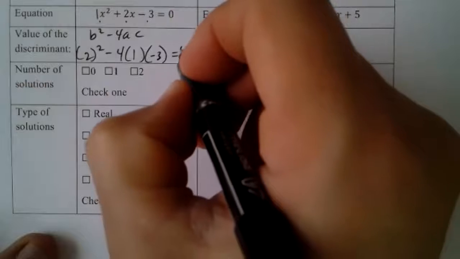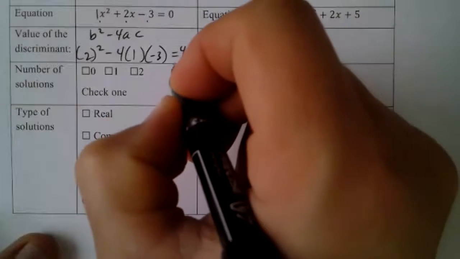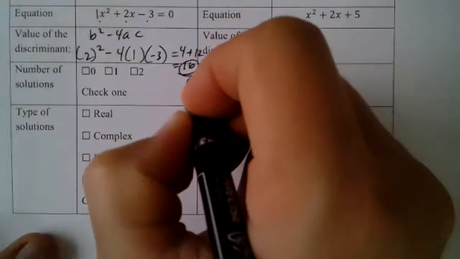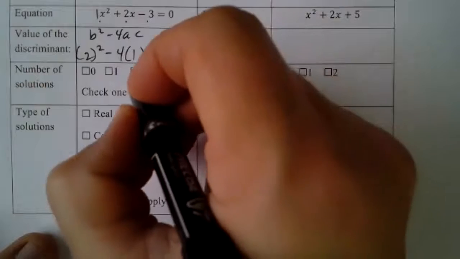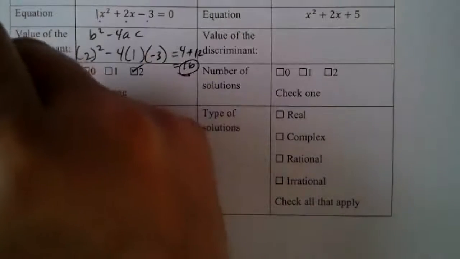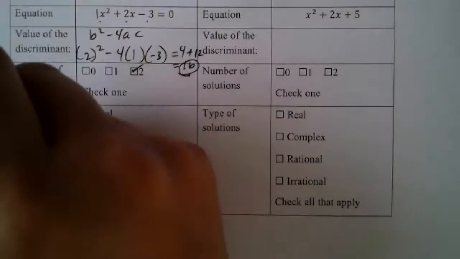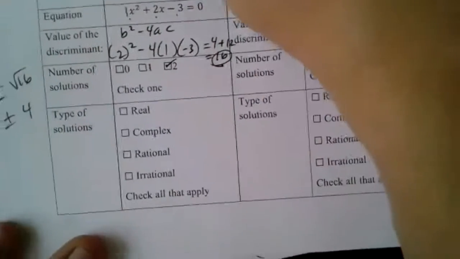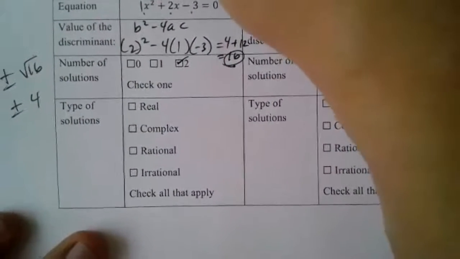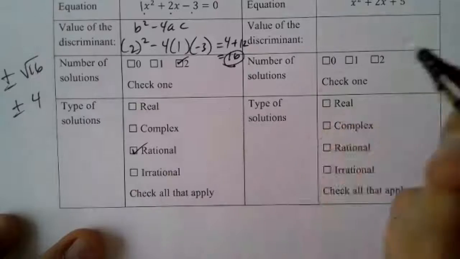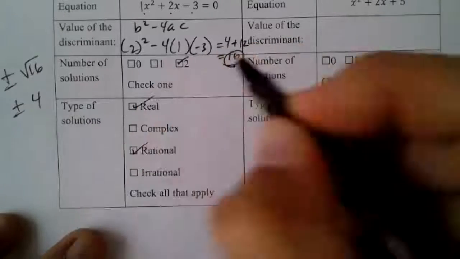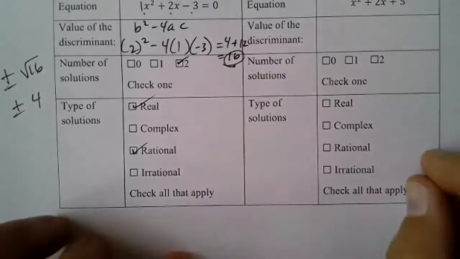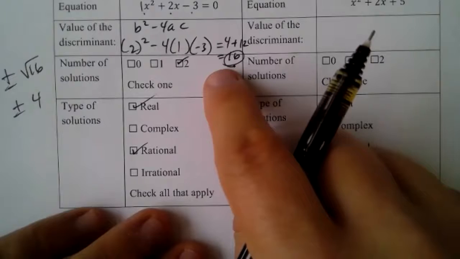So that's going to be 4 plus 12 or 16. That's a perfect square, right? So you're going to have 2 solutions. The perfect square of 16 means you're going to add or subtract 4, and that is rational. So your answer is going to be rational and real, and you're going to have 2 values there because this is a perfect square.